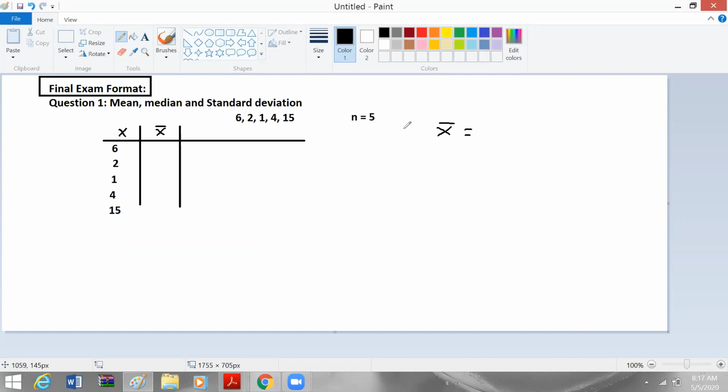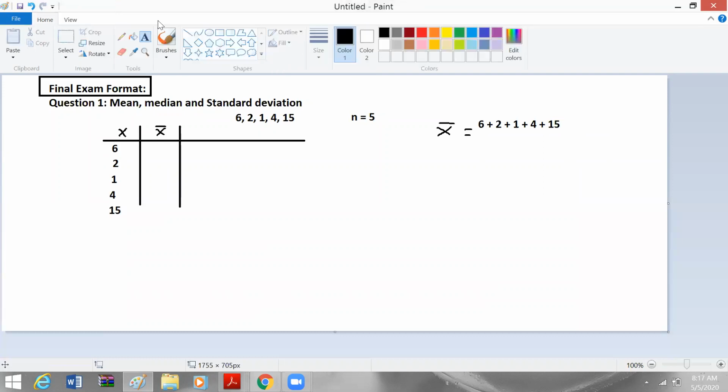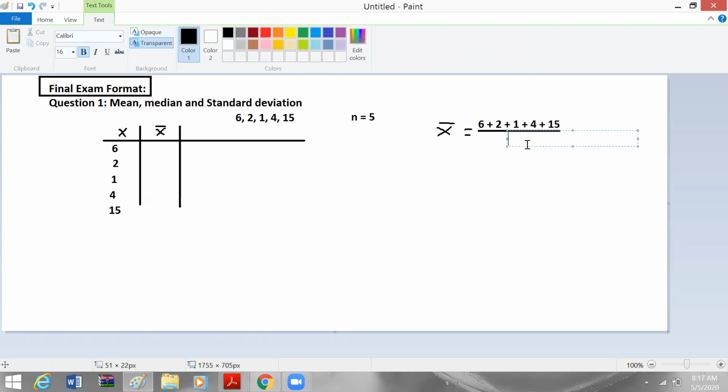So we're going to add these, 6 plus 2 plus 1 plus 4 plus 15. And after that, we divide by 5, because we have 5 different data values.